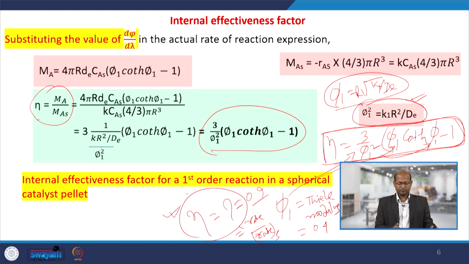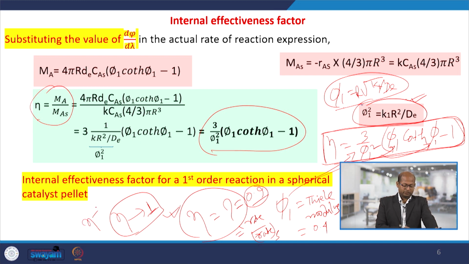Once we know the effectiveness factor, if it is very close to 1, since it is a ratio of two rates whose ideal value should be 1, then if it is 0.9, it is very good.